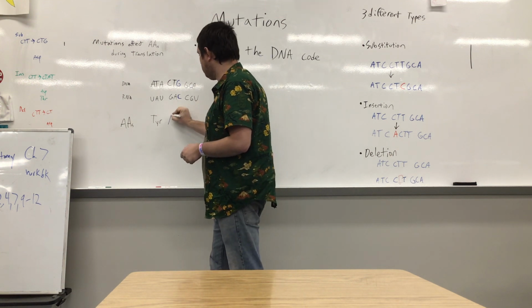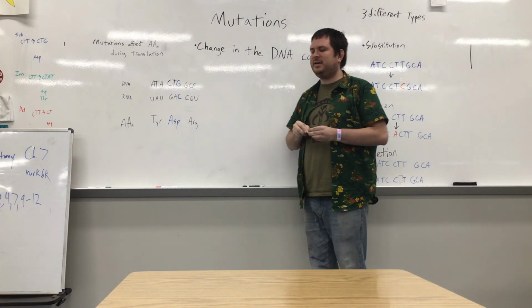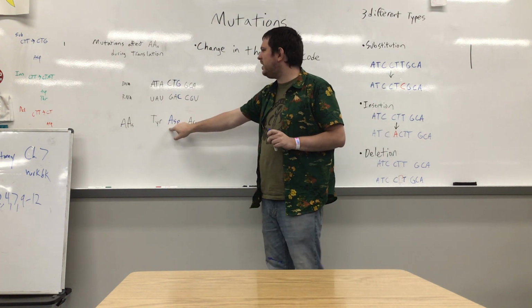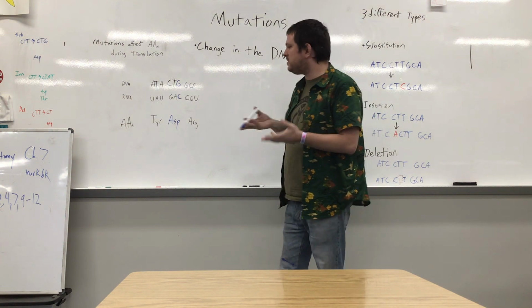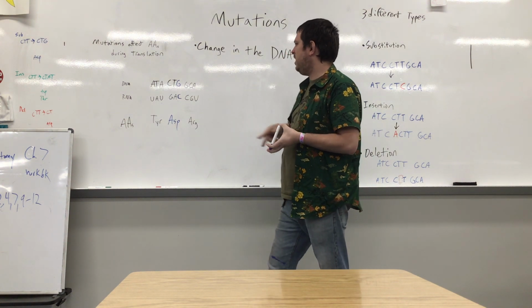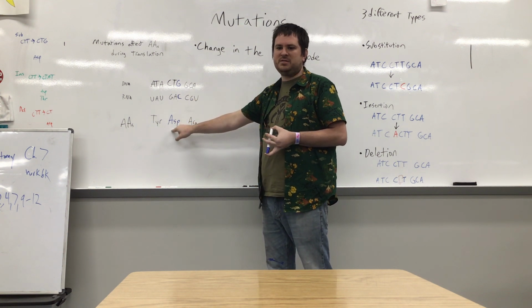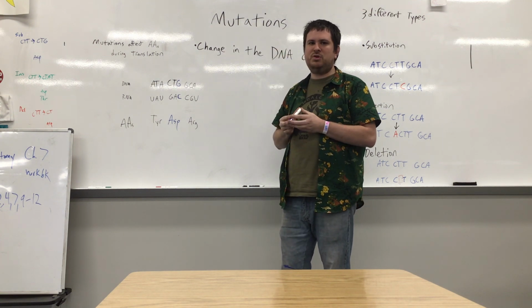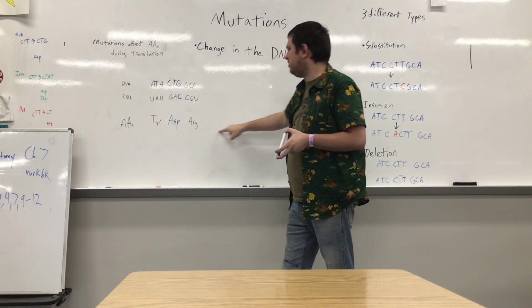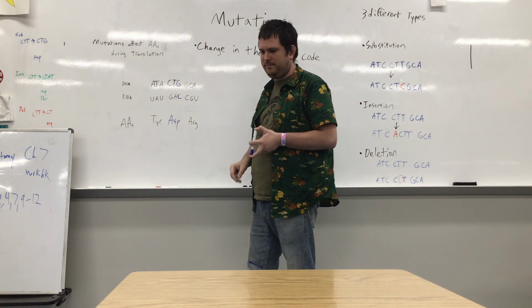GAC codes for aspartic acid, a completely different amino acid. Sometimes you will get lucky and the letter change will result in the same amino acid. In that case, it is called a silent mutation. You don't see a change in the amino acids. But in this case, we did have a change.